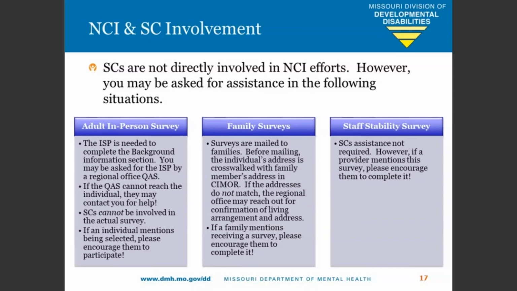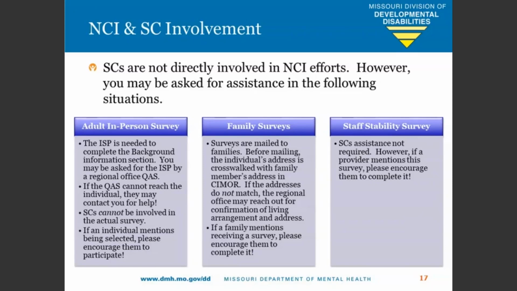Also, if a family mentions to you that they received one of the surveys, please encourage them to fill it out, because this is the survey that we send out in the mail, and the response rates for those surveys are typically low.